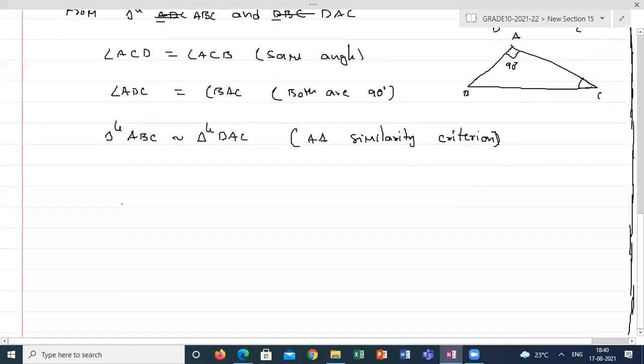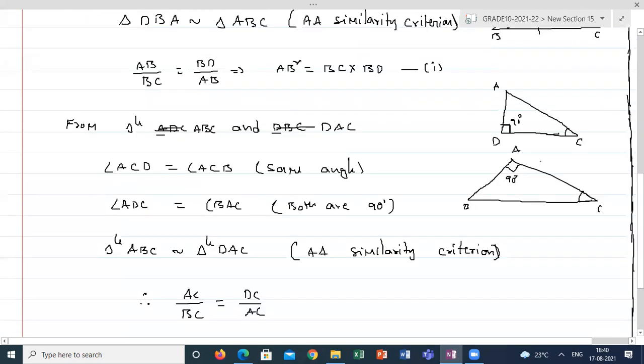From the AA similarity criterion, if these two triangles are similar to each other, I can say AC by BC is equal to DC by AC, as corresponding sides are in the same ratio. The opposite to angle D is AC, and here the opposite to 90 degrees is BC. The opposite to C is AD here and AB there.